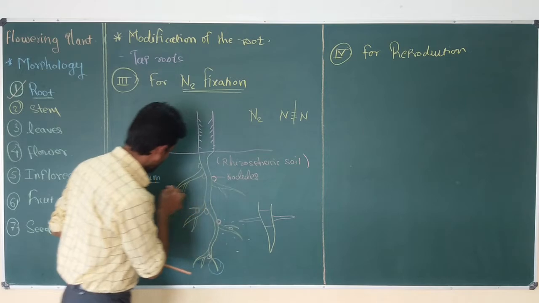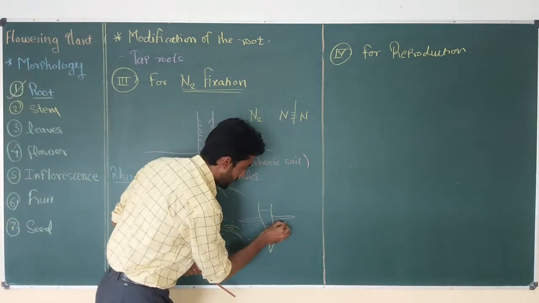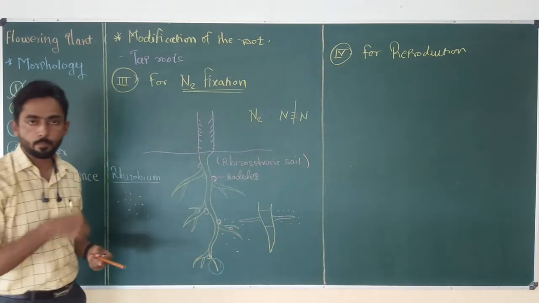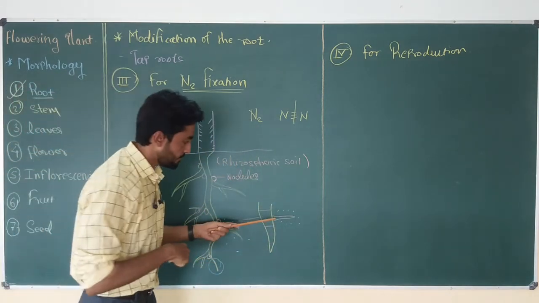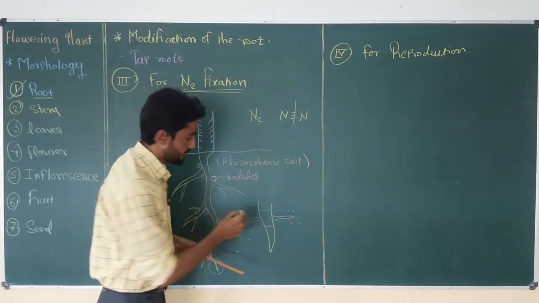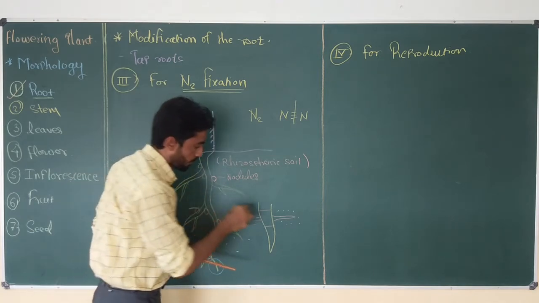Now, the rhizobium bacterium generally grows near the root hairs, and they take the opportunity to enter inside the root hair by producing enzymes which degrade the cell membrane, the cellulosic wall, or the wall of the cell.